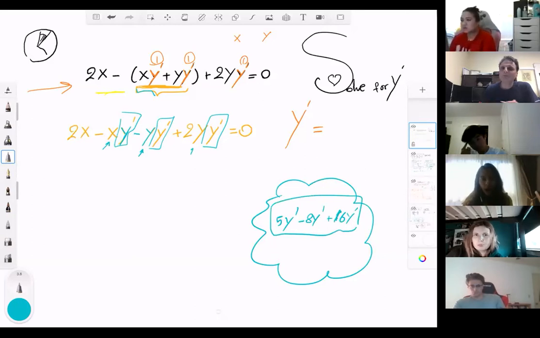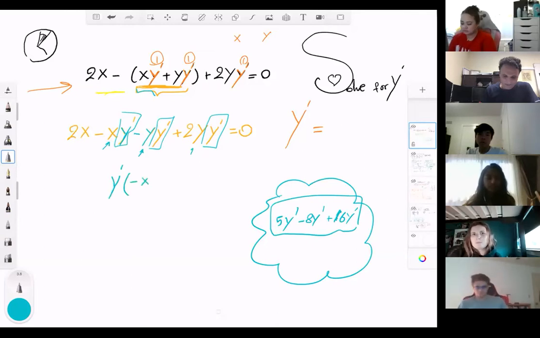But here, because we cannot combine them, we will factor. I will factor the y prime in parenthesis. I'm going to get negative x minus y plus 2y.